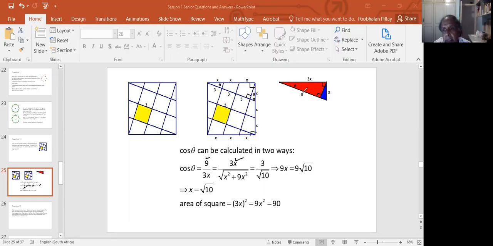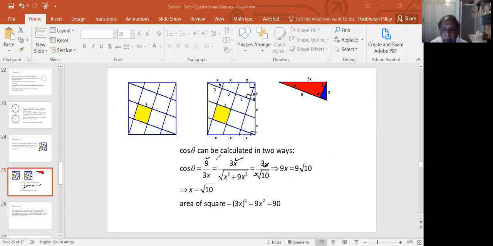The hypotenuse is the square root of x squared plus 3x all squared, which is 9x squared. If you simplify this, this is the square root of 10x squared, and you take out the square root of x squared, and you have x root 10. The x's cancel. That's how we got 3 over root 10.